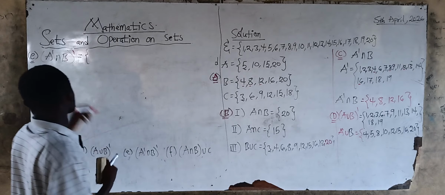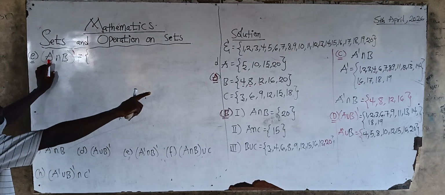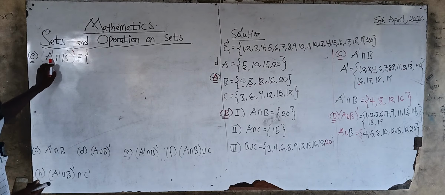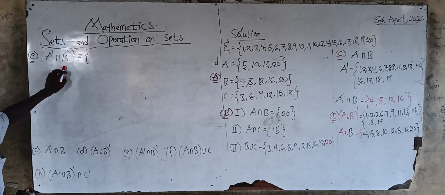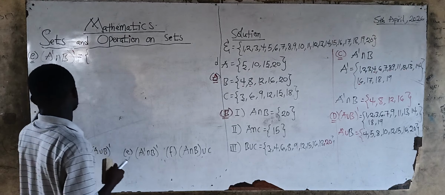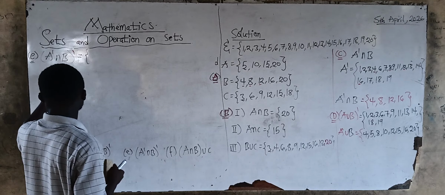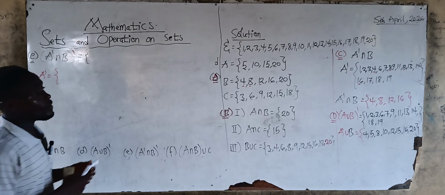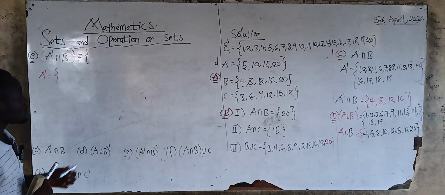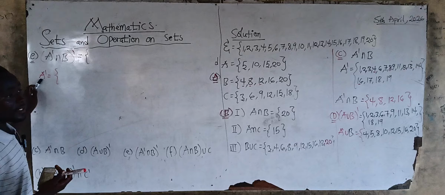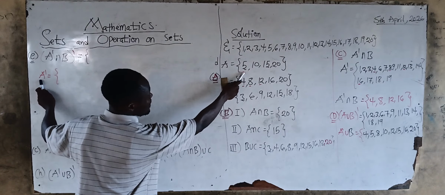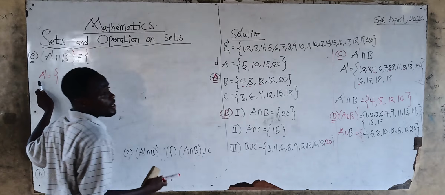After solving for A complement, which we are done solving for, you also go ahead and find A complement intersection B complement. I said in the first place we need to find A complement, and let me explain it again. A complement simply means we are going to compare the set of elements for the set A and the mother set.